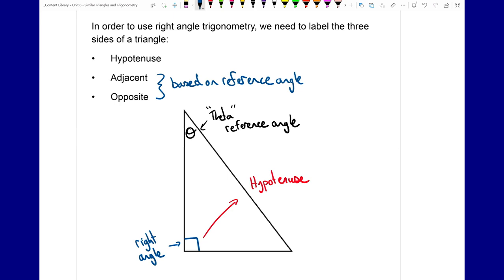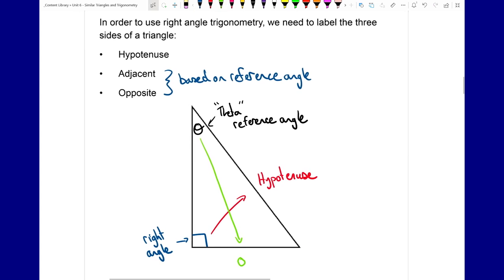Adjacent means beside, opposite means across from. I would always suggest to label the opposite first, because that one tends to be the easier one. Opposite my angle comes straight across to the opposite side.